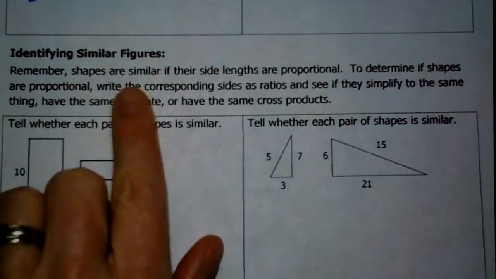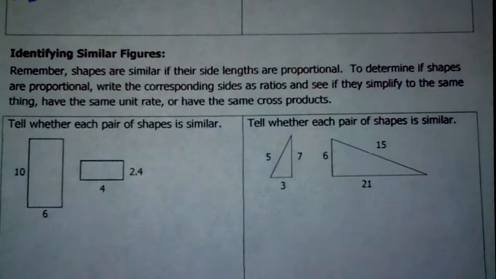So remember, shapes are similar if their side lengths are proportional. To determine if shapes are proportional, write the corresponding sides as ratios and see if they simplify to the same thing, have the same unit rate, or have the same cross products. Remember, when we were determining if a proportion was in fact a proportion, we had three different ways, and the same three ways apply here.